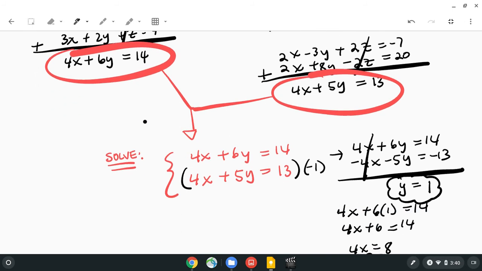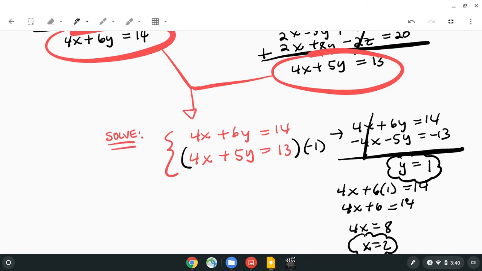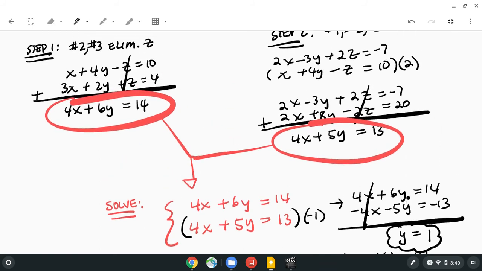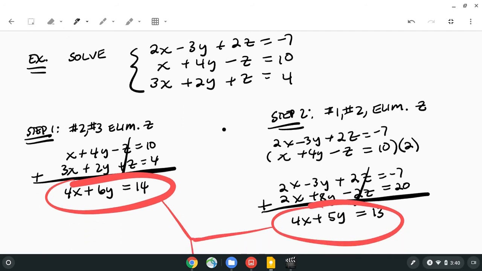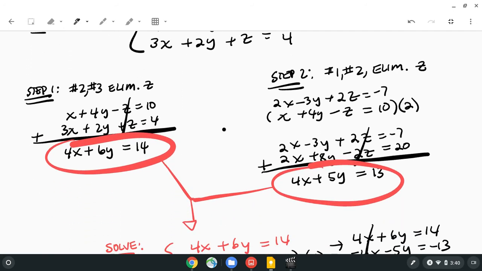Okay, once you know two variables, you can go back to the very original problem and choose any of those three equations and plug in for x and y to solve for z. Okay, so I will choose this third equation. Again, it doesn't matter which one.